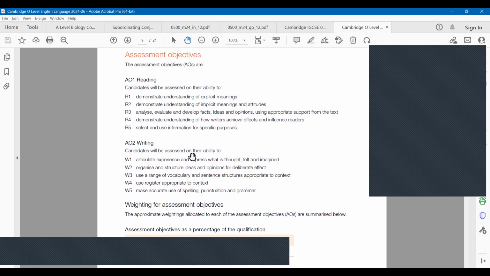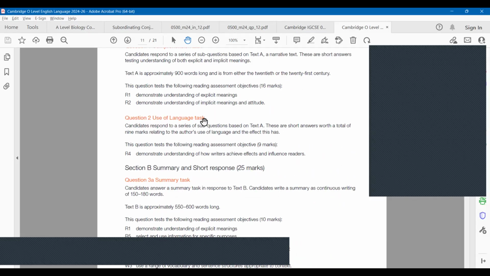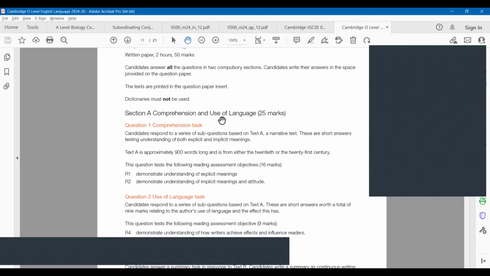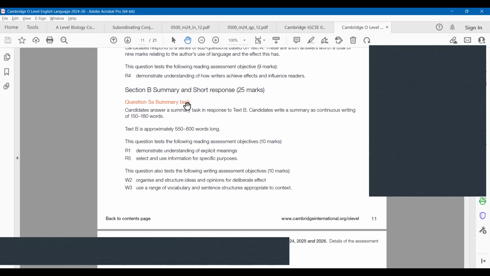So these are the objectives that will be assessed. Again, not all of them are assessed at the same time. If you scroll through, you can see, for example, that in the comprehension, the first question that I mentioned tests your explicit and implicit meaning understanding.